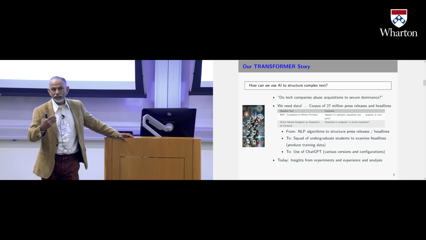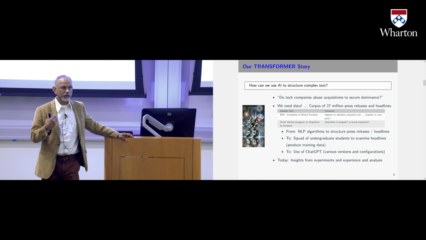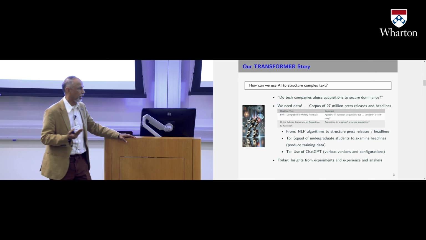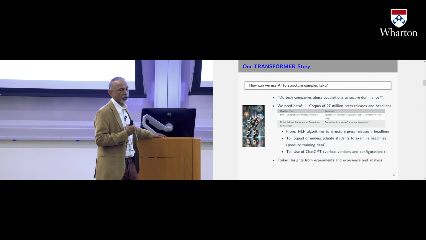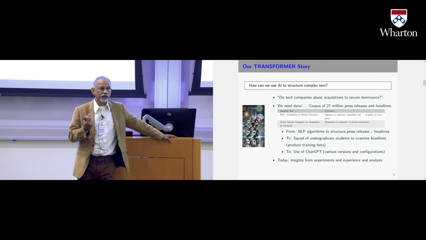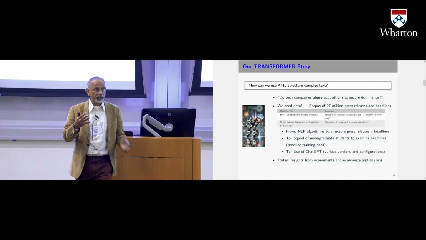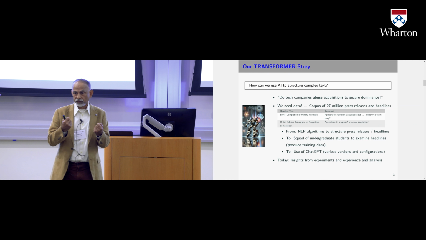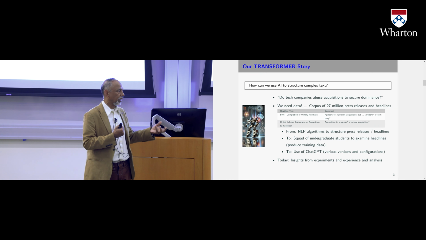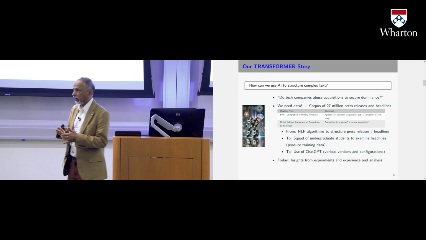And in order to get that scale of data, you need other data, which is often present in unstructured formats. In our case, it was a corpus of about 27 million press releases collected from LexisNexis, right? There you have a lot of information about what's happening in business, including some stories relating to acquisitions and many others not relating to acquisitions.